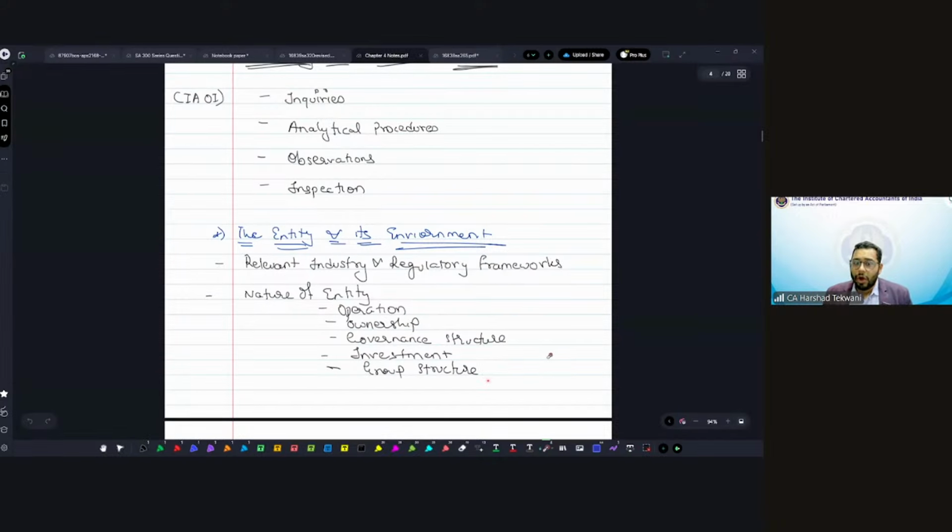Why? Reason because based on that, you will be able to understand whether the accounting policies are appropriate for this particular entity or not. Today, I can say, okay, this accounting policy is appropriate for this entity. Is it so? It might be appropriate for your group entity or the parent entity, but whether this is appropriate for the subsidiary entity, that you can only get information once you verify.